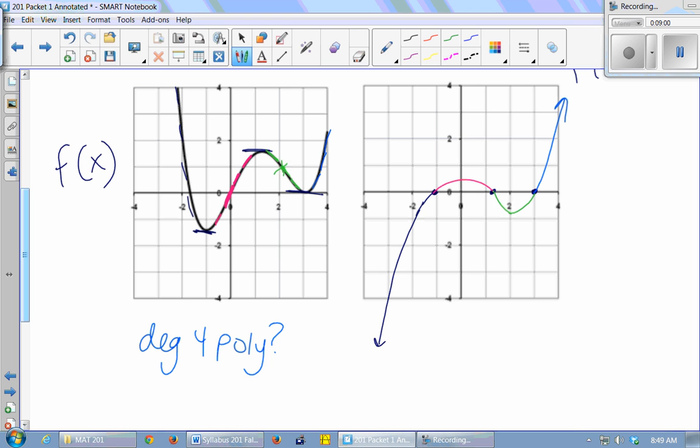And what does its derivative look like? A cubic. Yeah, this could be a degree 3 polynomial. We're going to see in a few days that that's actually a rule that happens when you take the derivative of a polynomial. The degree is going to decrease by 1 in the derivative.